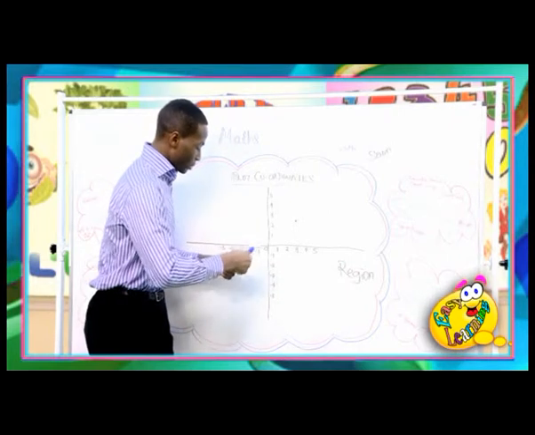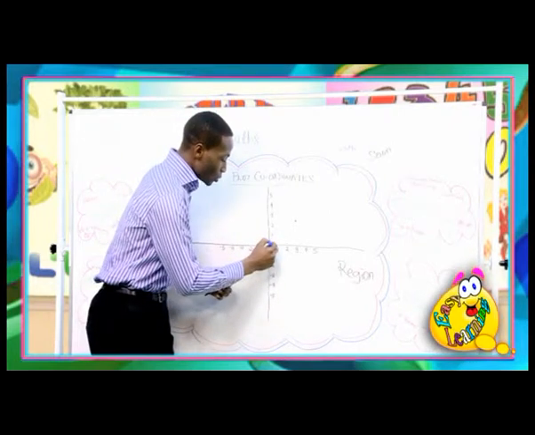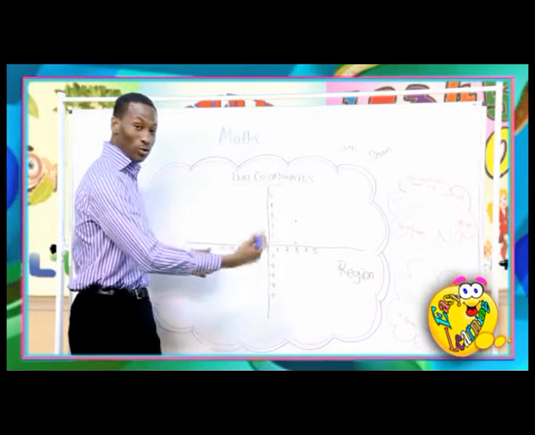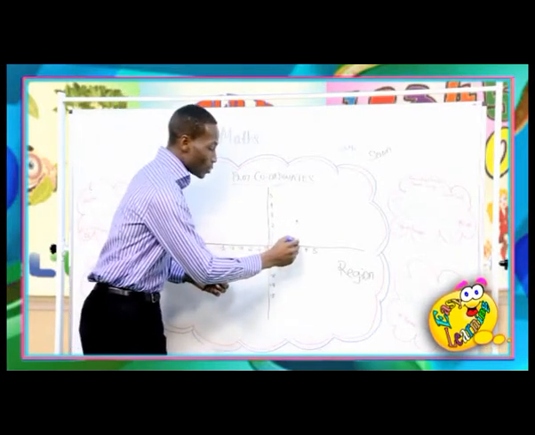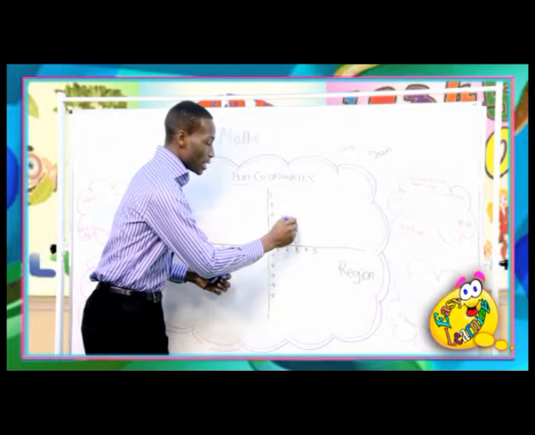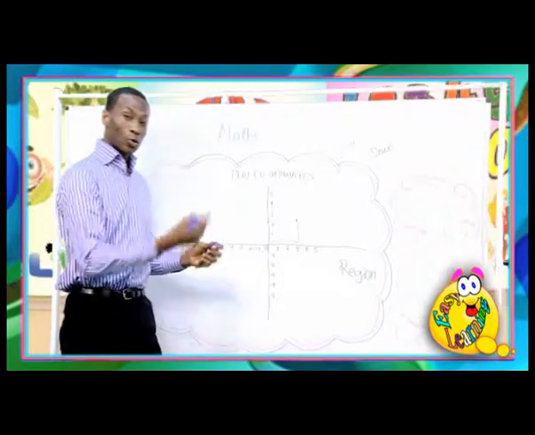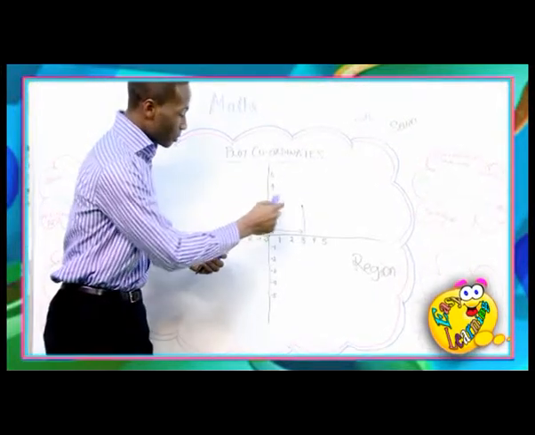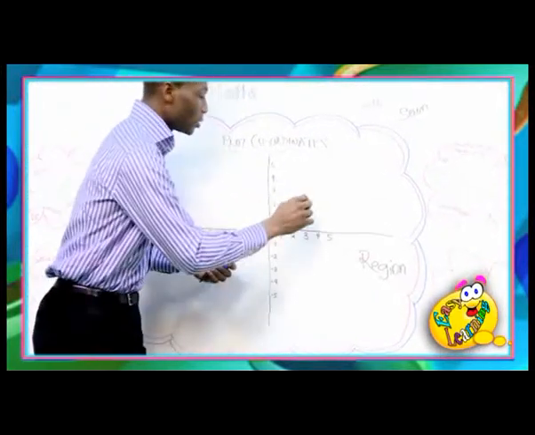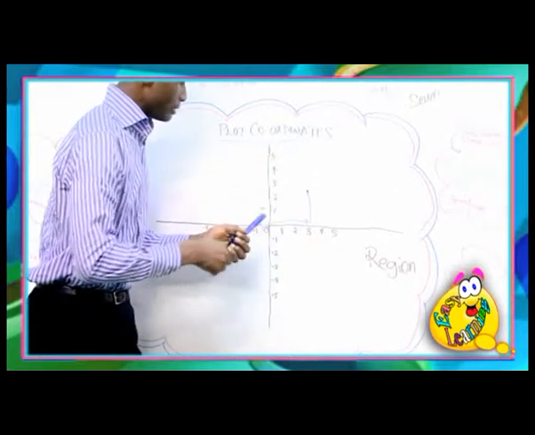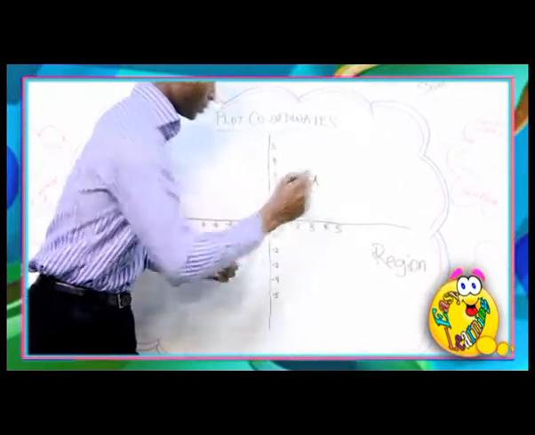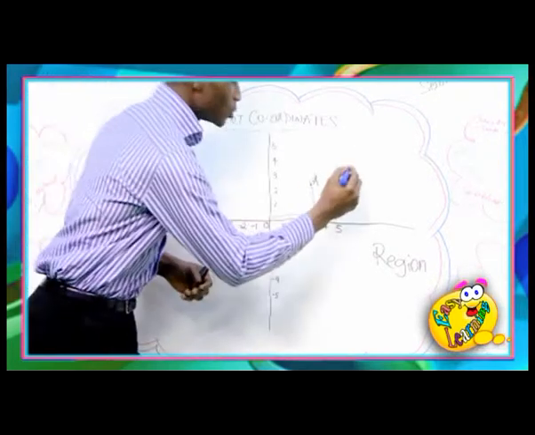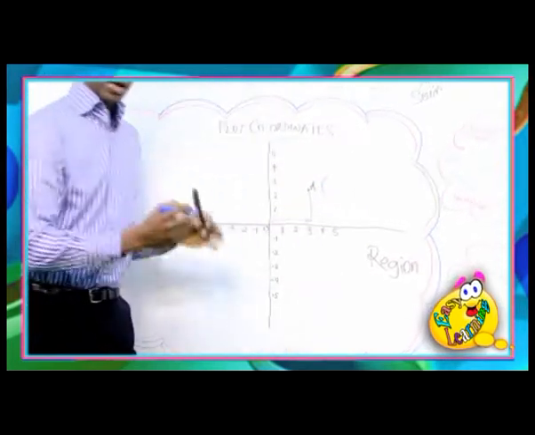Let me use a blue color for that. We'll need to move 3 meters towards the right, and we will need to move 3 meters again towards the top. So my address for this dot, let's call the dot A. Right, the dot is A. My address for A would be 3.